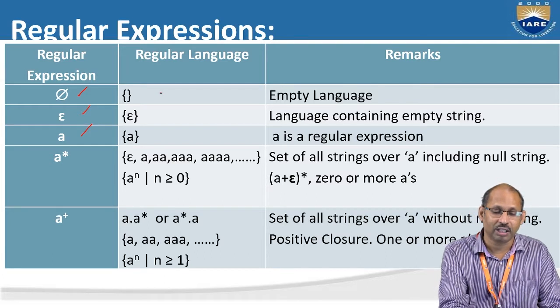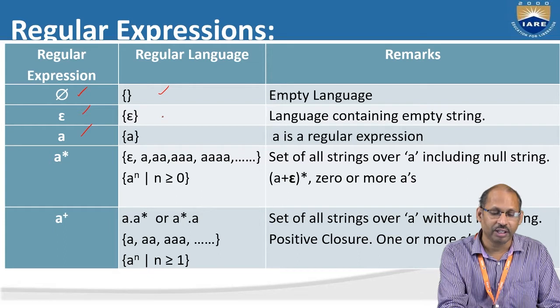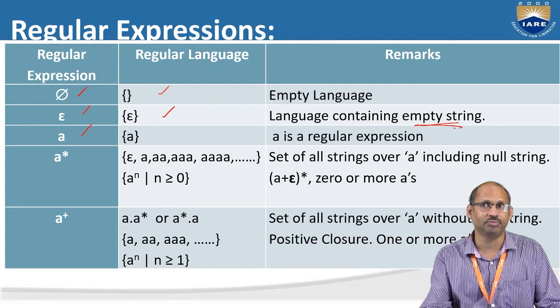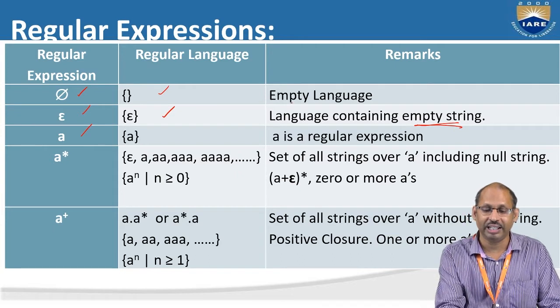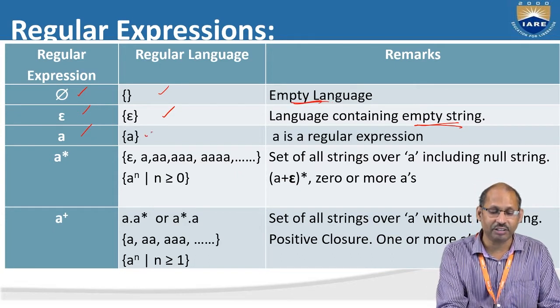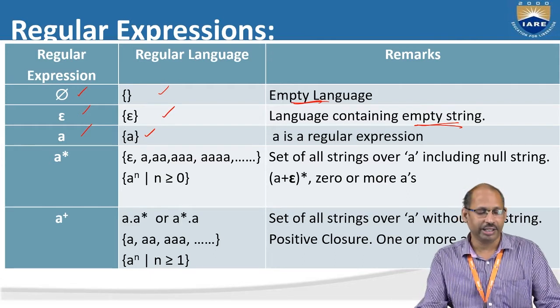Phi means empty regular language, epsilon is for the language with the empty string, then A is a regular expression for the language containing A. Now, A star.